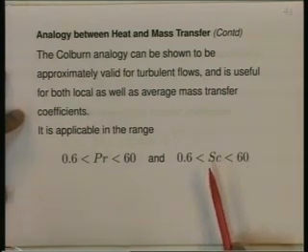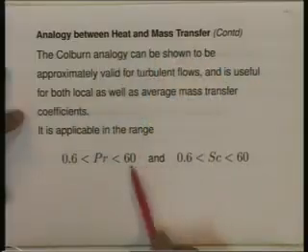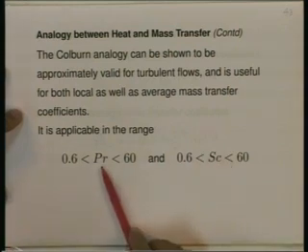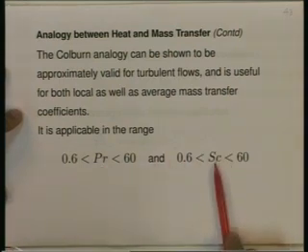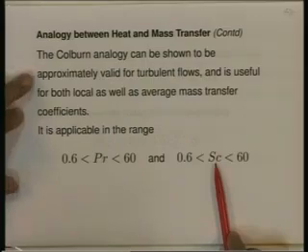It should be noted that the approximation is better when the Prandtl number and Schmidt numbers are near 1 and near each other in magnitude. As we move away from 1, say towards 60, and if there is a significant difference between Prandtl number and Schmidt number, the approximation for the Colburn analogy becomes that much less accurate.